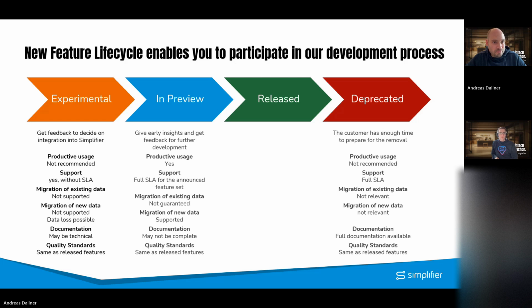Okay, I also want to talk about something we improved and want to make more explicit and known, which is called the feature lifecycle. What we did here is define more clearly than previously the states that Simplifier features can have, and try to, on the one hand, make this a little bit more flexible, and on the other hand, give us and you the chance to try out features that are not officially released yet, but are already usable and also usually valuable.